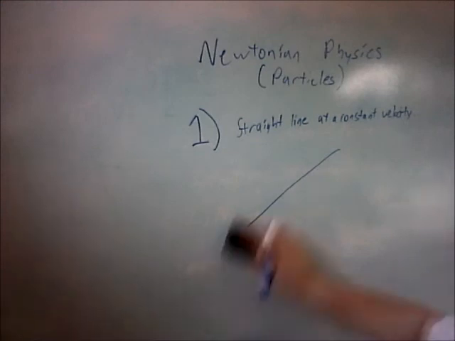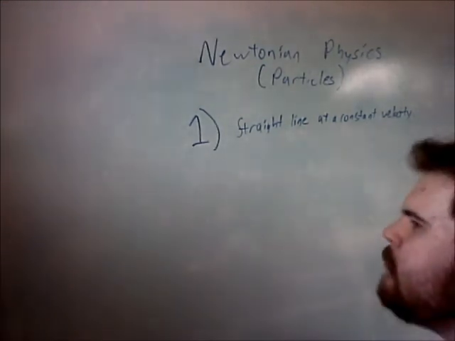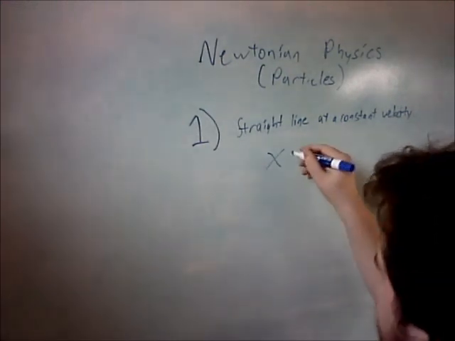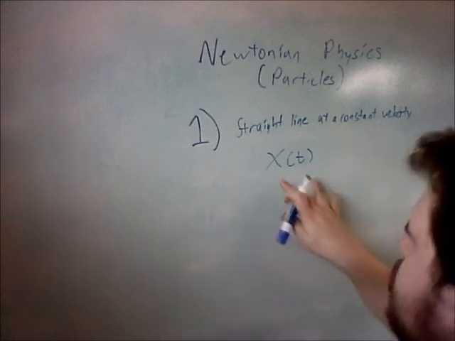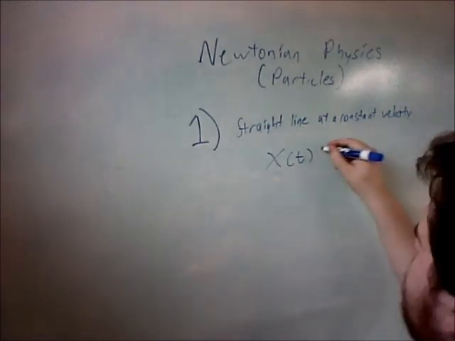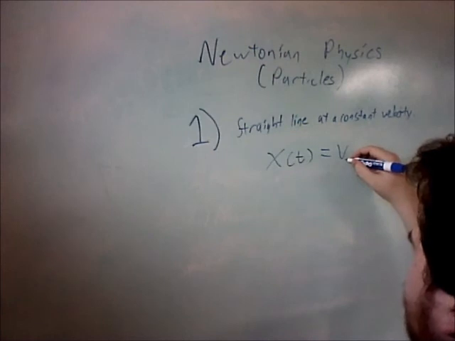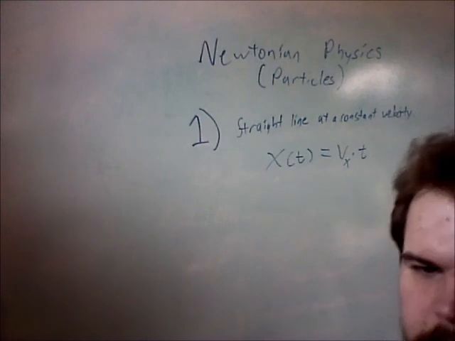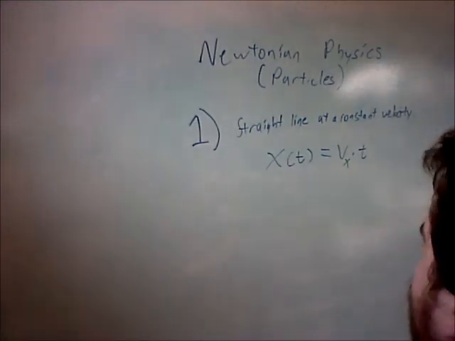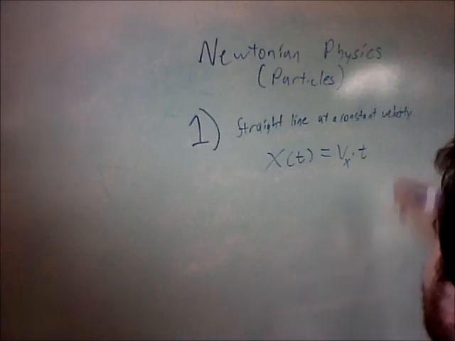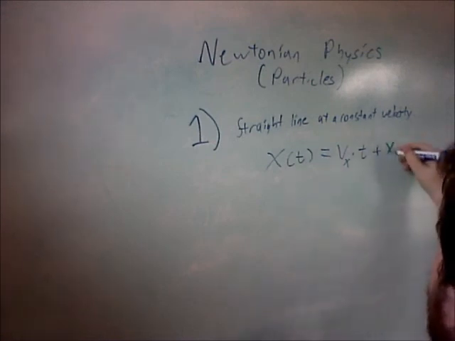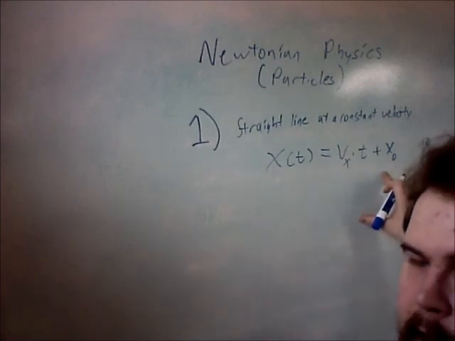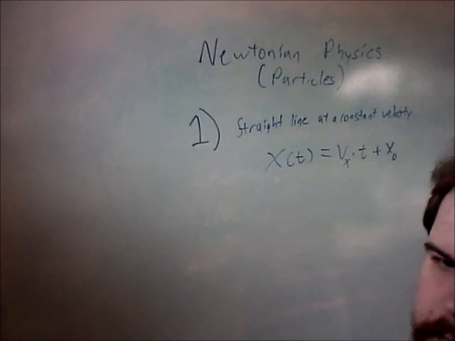That is to say that for particles that are not being interacted with, the position x as a function of time, this is your position along the x-axis, is just equal to your velocity along the x-axis times time, times the point in time that you're at, plus x0. x0 is the position in the x direction that you were at when t equals 0.